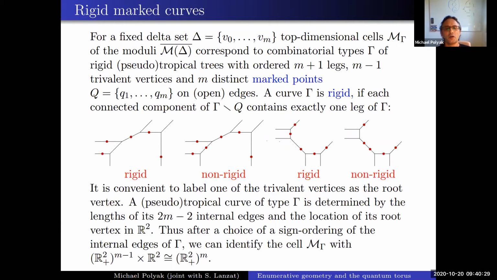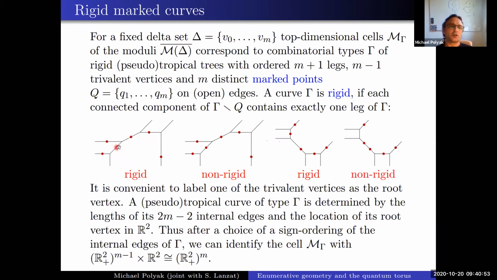Okay, so then what is a pseudotropical curve of this fixed type? So you can do the following with such curves. First, you can shift such a curve in the plane. You can just take a translation, moving it to the left or right or up and down.